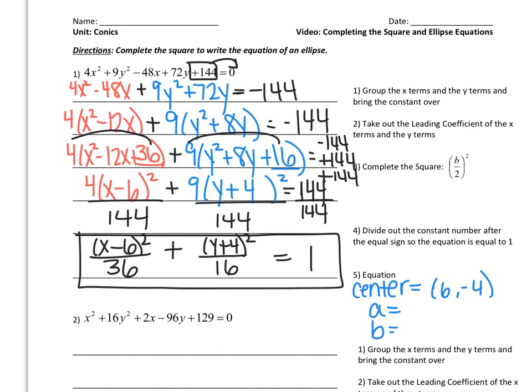So the square root of 36 is 6. And then my b value is the square root of the smaller number, which is 4. Squared is 16. So again, this would be my a squared. This would be my b squared. And this would be opening horizontally. So this would have a horizontal major axis.